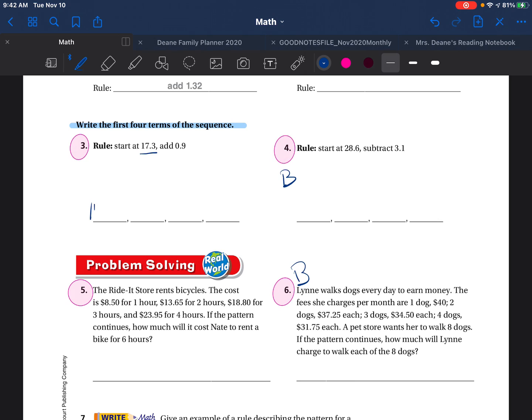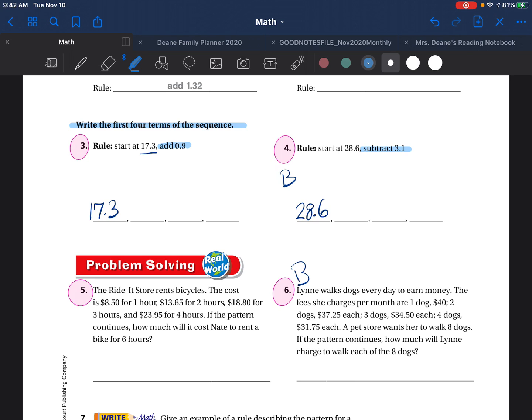So you would go ahead and take the number here and write it in. And then you would continue the pattern with the rule that you were given. So for 3, the rule is add 9/10. And number 4, it is to subtract 3 and 1/10 to continue that.